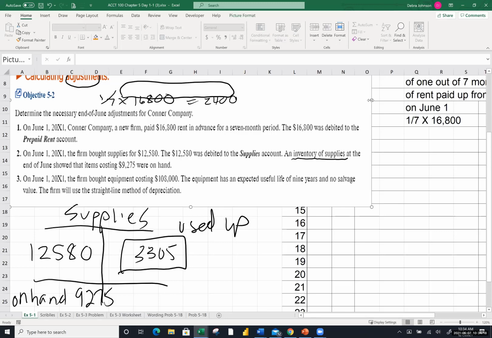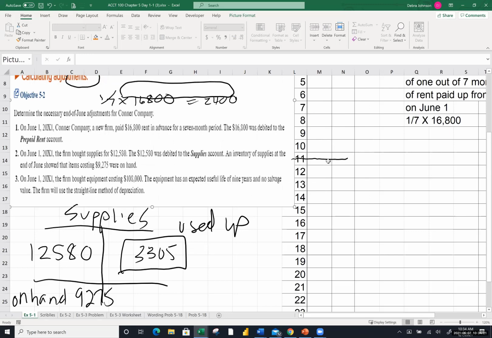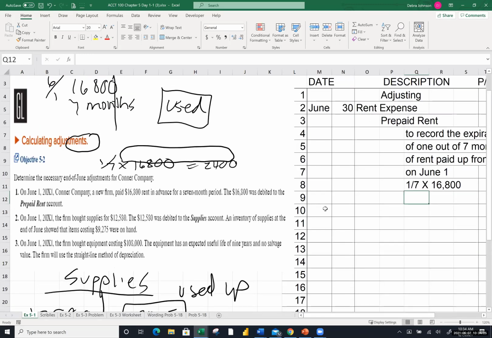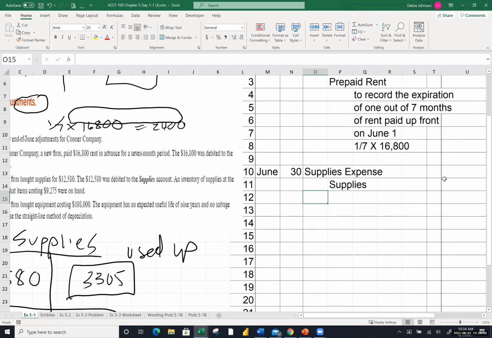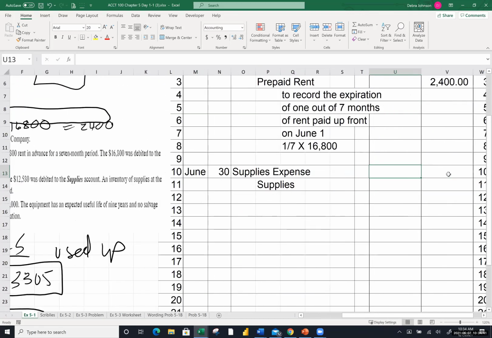So I'm going to go back over here to my journal and get that line out of there. Same date. So you don't have to write the date in, but if you want to, no problem. And since we're talking about supplies being used up, we're going to use supplies expense and the asset account called supplies for 3,305.